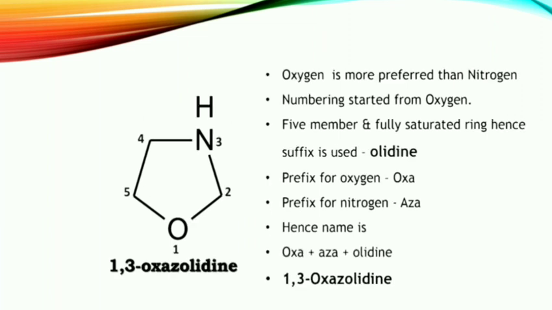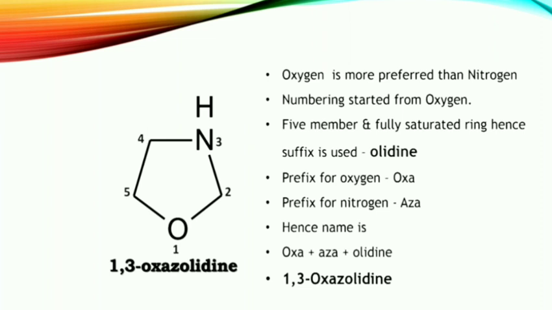We'll see another example so you can learn easily. The last structure was an unsaturated compound. Here is a similar structure, but we identify the heteroatoms, oxygen and nitrogen. First priority goes to oxygen.